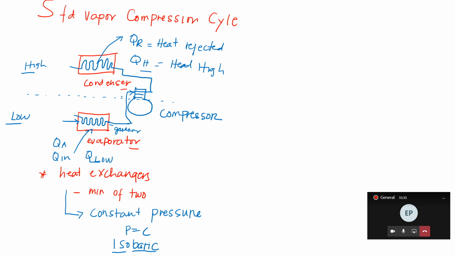What happens if your compressor takes in liquid? It will break down. It will burst. Because when you compress liquid, by theory, ideally, fluids are incompressible. So when you try to compress a liquid, it is not actually compressed like air.